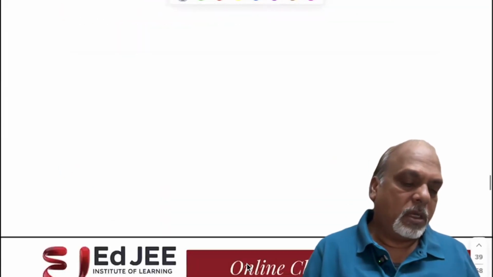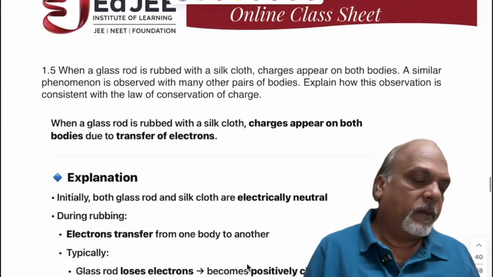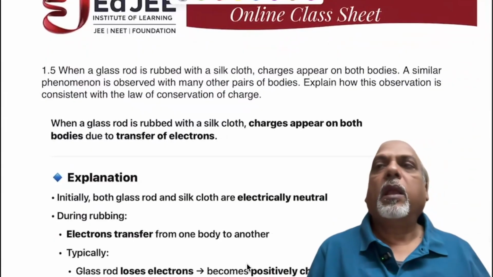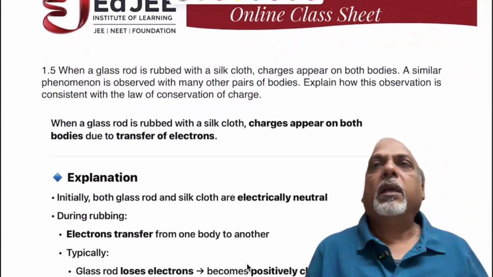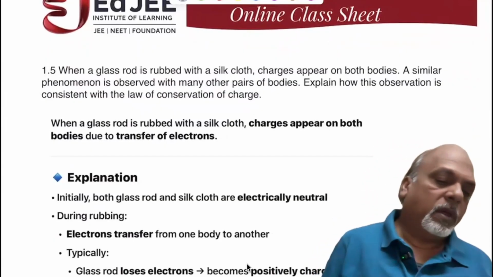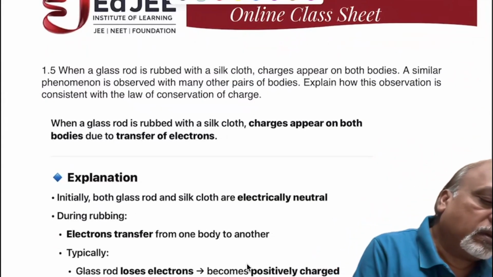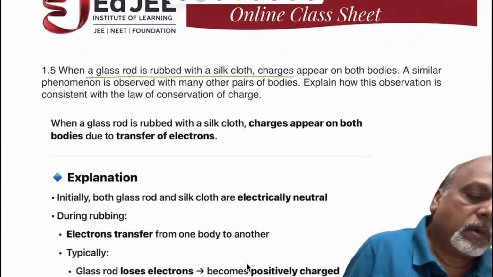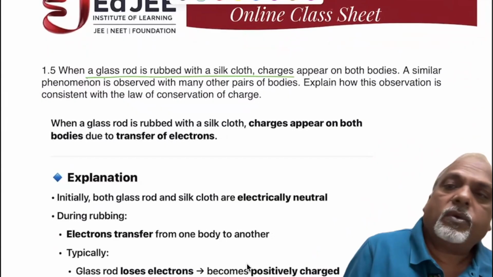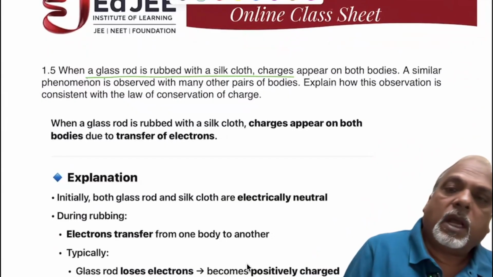Let us go to the next question. When a glass rod is rubbed with a silk cloth, charges appear on both of them.